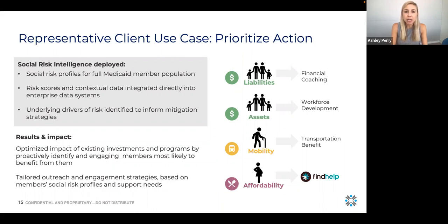And so it's an opportunity to really optimize the impact that those programs are having across your full member population in a more strategic way.